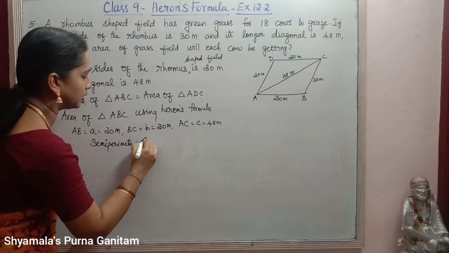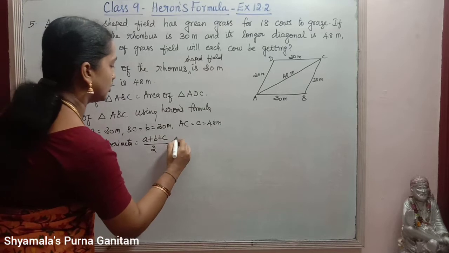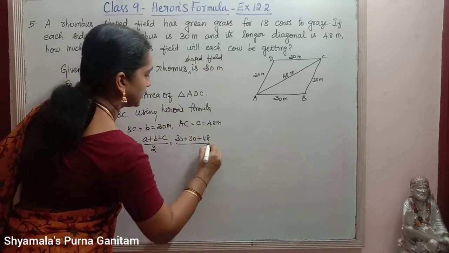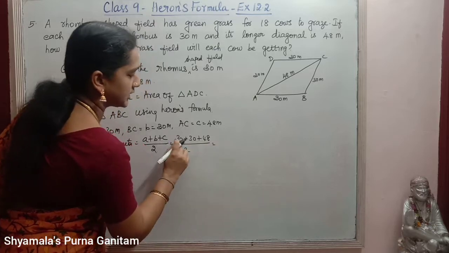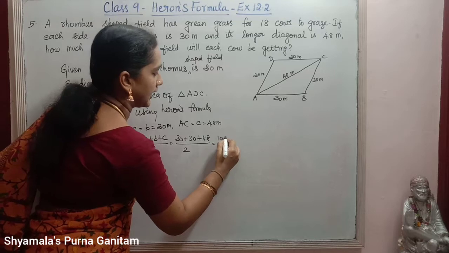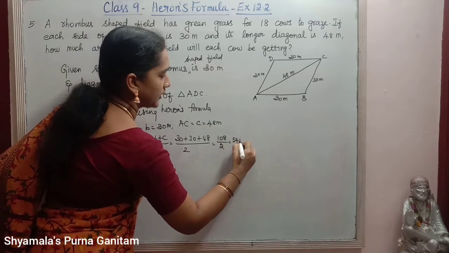Semi-perimeter is equal to (a plus b plus c) by 2. So 30 plus 30 plus 48 by 2. 30 plus 30 is 60, 60 plus 48 is 108, by 2, that is equal to 54 meter.